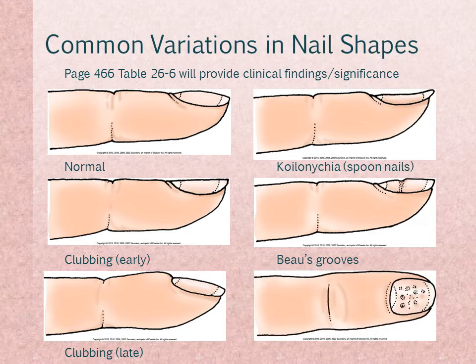And another variation? This variation is known as pitting. This slide provided you with images depicting the variations in fingernail shapes. On page 466 of your textbook, Table 26-6, there is information related to these nail shapes, including the clinical findings and the significance. Review this table in your textbook.